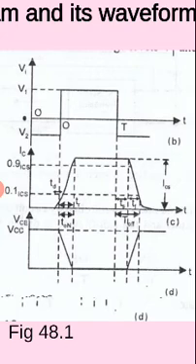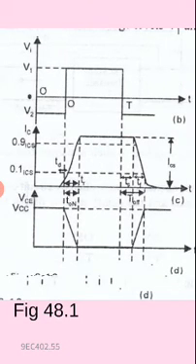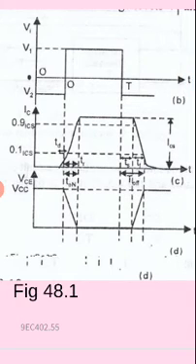There are three waveforms: the input waveform, the collector current, and the output voltage VCE. See that the input voltage has V1 and V2 levels, or we can say it has a positive voltage and a negative voltage.